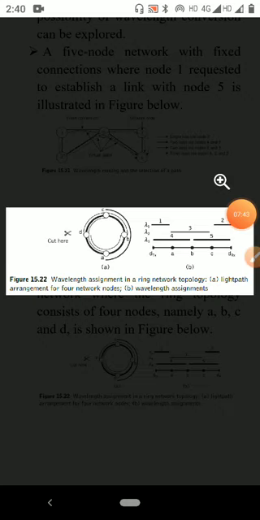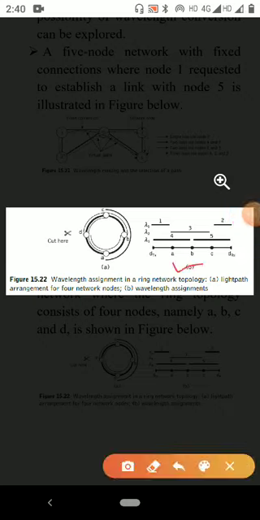This situation is illustrated in figure B, which is drawn by cutting the ring and straightening the network wavelength connections. This approach splits network node D into two halves, that is DTX and DRX.